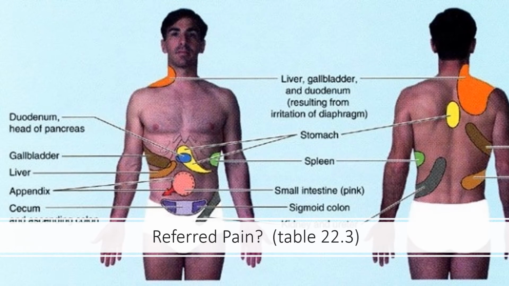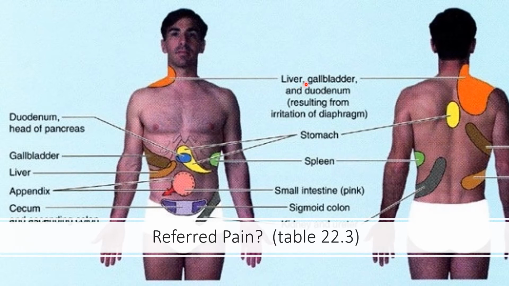So referred pain, you have this table, there's a table 22.3 in your book, and referred pain is pain that results from an organ but is felt someplace else. So a classic one we'll look at is the gallbladder, okay, right here. The gallbladder pain can be referred over here.